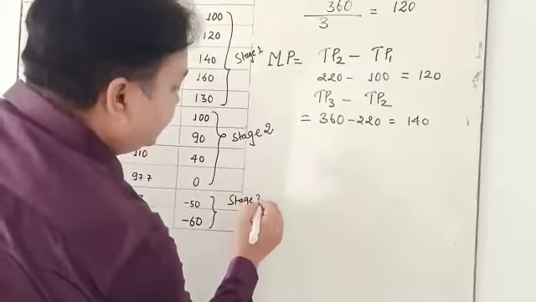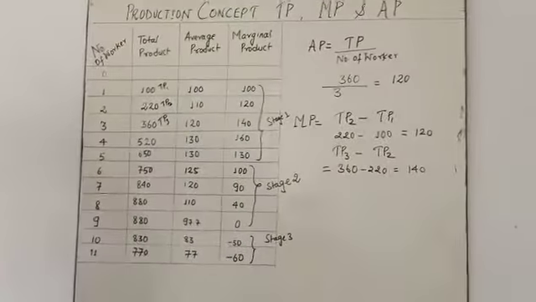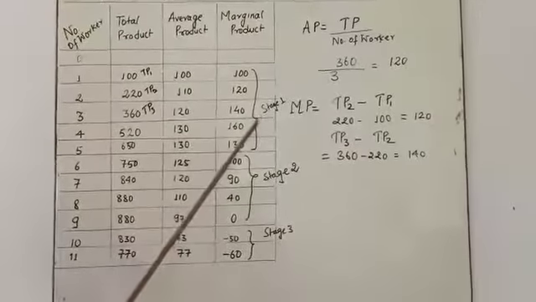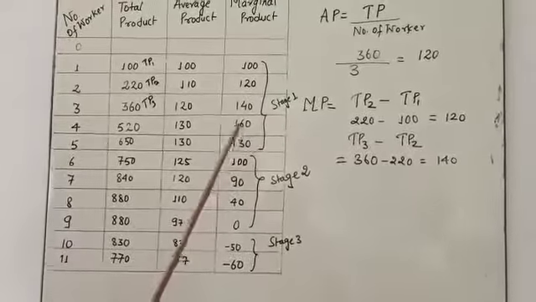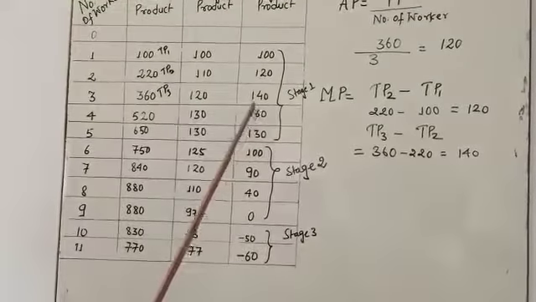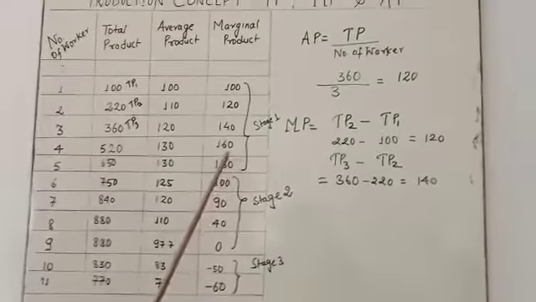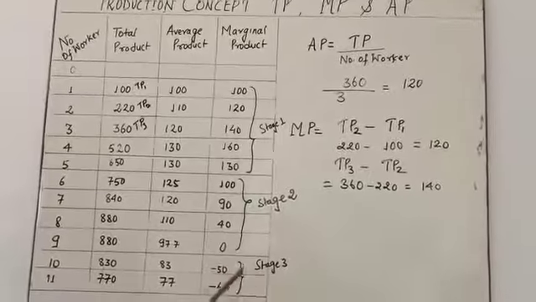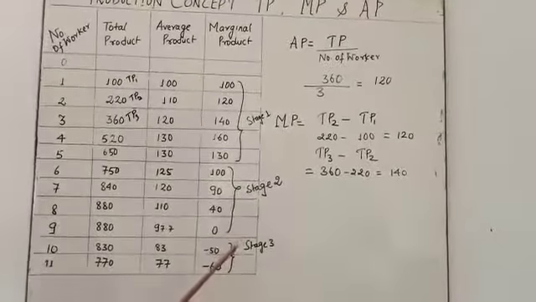So you have to observe the first stage is called the increasing stage. And the second stage is called diminishing. Why? Because it is the diminishing stage of return. It means it is going to decrease. And the third stage is the negative return.